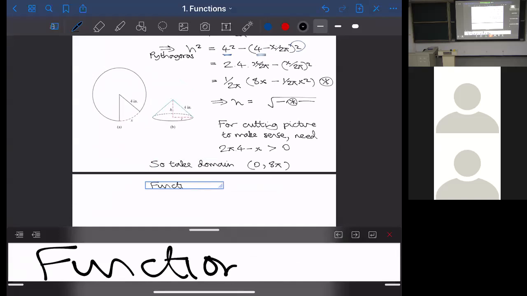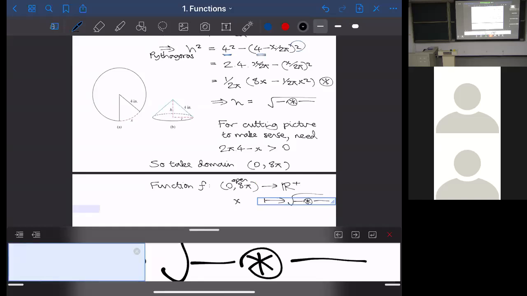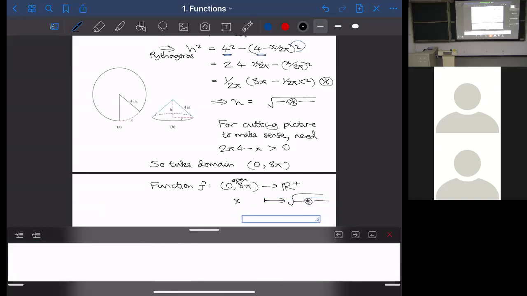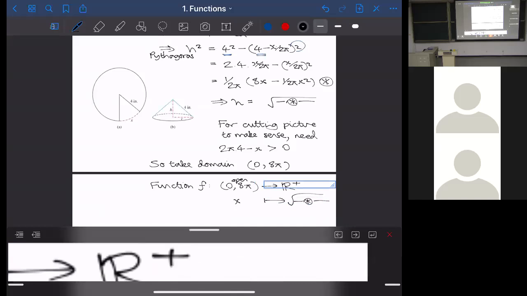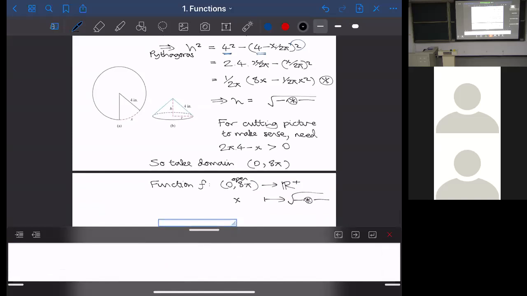So the function now is f from this open interval to R plus. Input is x, output is h, and I'll just again write it's this square root. And because it's a square root, I write R plus. But it would also be okay to write R.